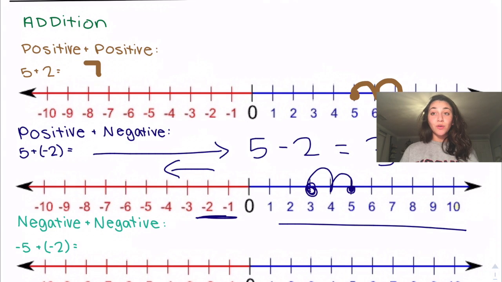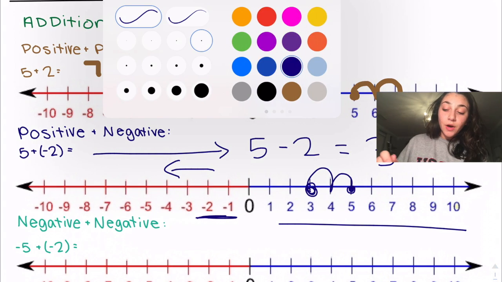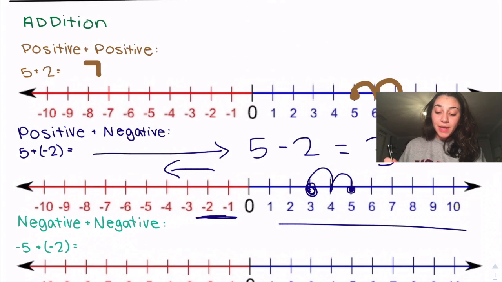Now we're going to go over adding two negatives. We are going to add negative 5 and negative 2. Just for reference, these parentheses around the negative 2 are just to show you that it is a negative number and not confuse the addition and subtraction signs. So in this one, we have a negative 5 plus a negative 2.